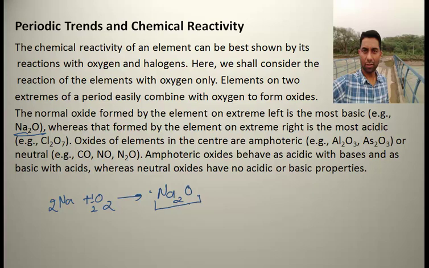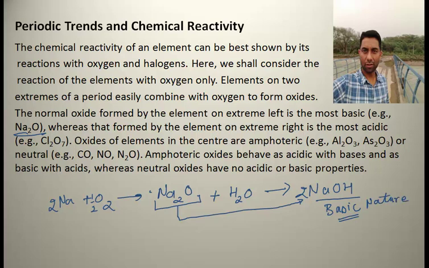Now what will be its character? So this sodium oxide, when it is dissolved in water, what will happen? It will result in the formation of 2 NaOH. So this metallic oxide, on dissolving in water or on reaction with water, has resulted in the formation of a hydroxide which is basic in nature, or we call them as alkalis.